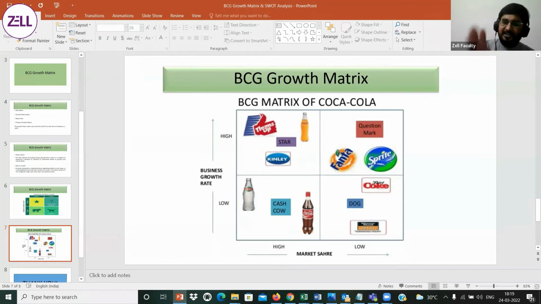You said first we should invest in Star. Now, question mark, there are two you find on Coca-Cola, Fanta and Sprite. What I meant was that you may choose to invest in Fanta and you may choose not to invest in Sprite, because you find that Fanta has more growth potential than Sprite. Does that sound logical?